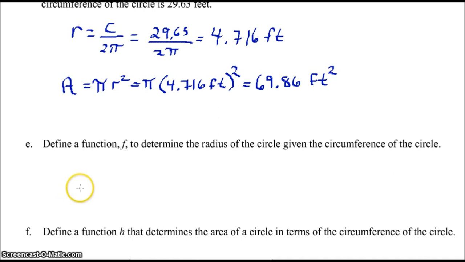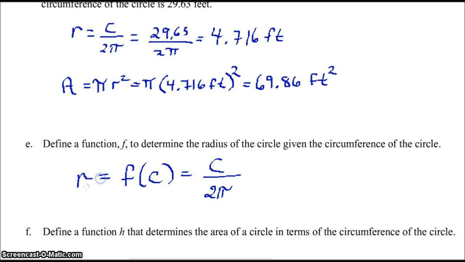So we simply use f of C is C over 2 pi, and notice that we could say r equals f of C. R, remember, is the quantity, it's the variable, and we use this function name f to represent the different values of r given different circumferences.